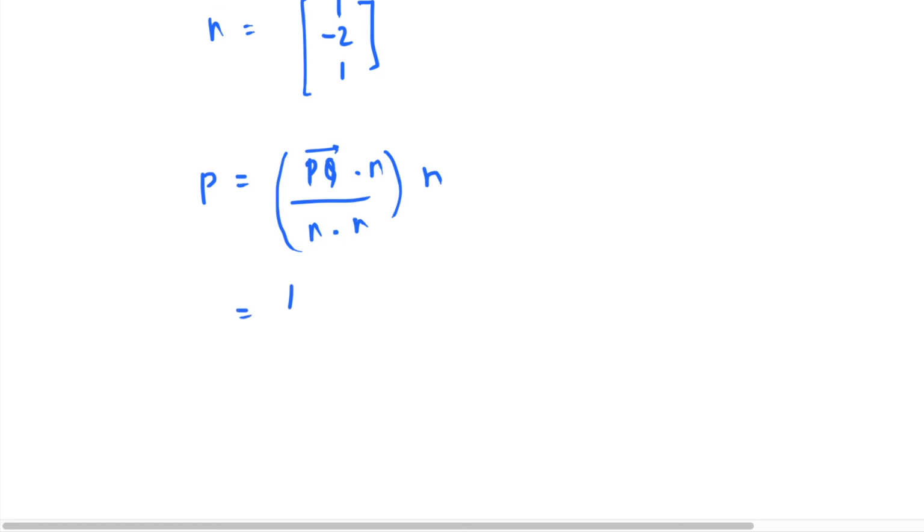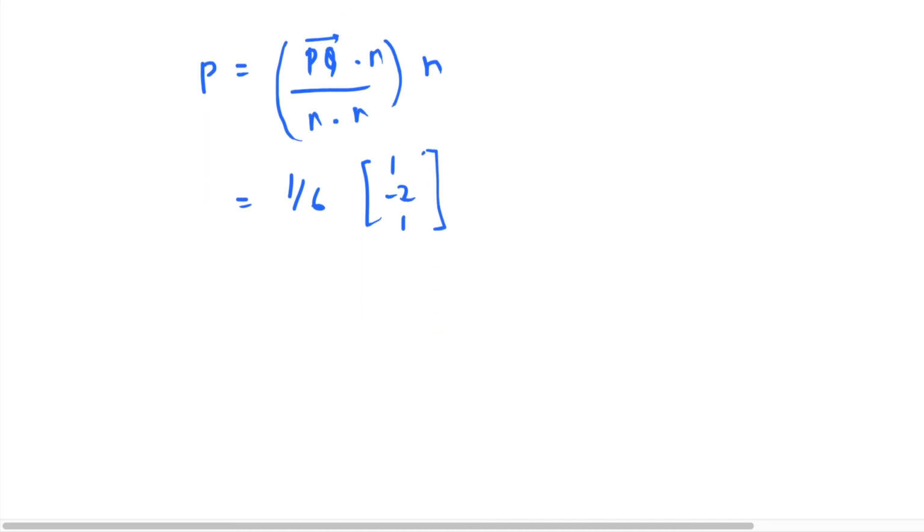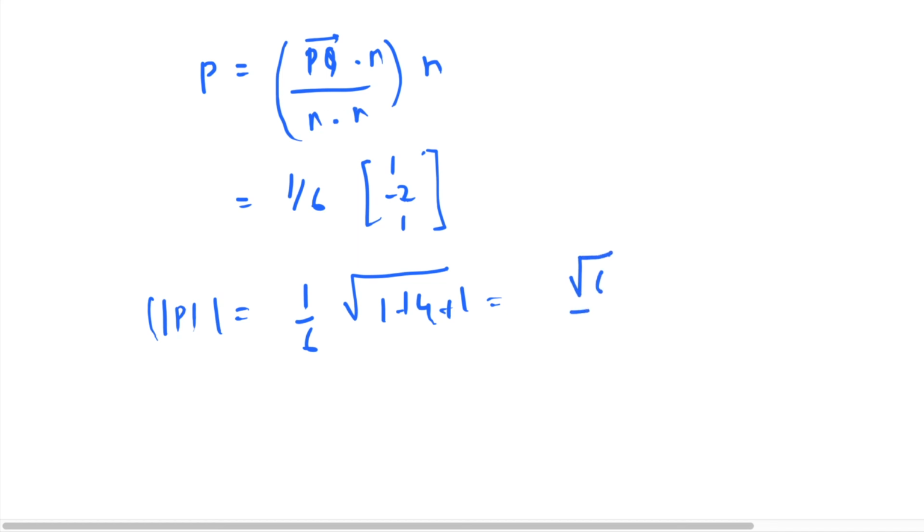So it's going to be 1 by 6 times n, and n is 1 minus 2 1. So finally, the distance of point P from the plane is the length of this vector, and this will be equal to 1 by 6 times square root of 1 plus 4 plus 1. So it will be nothing but root 6 by 6.